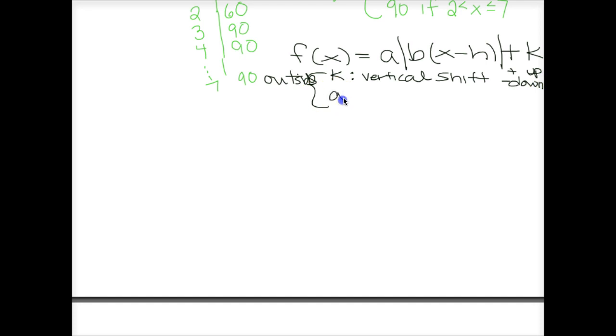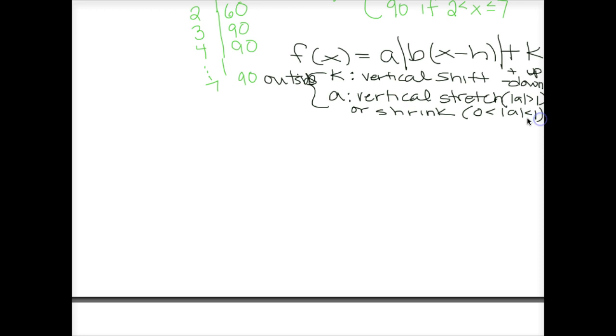A is also outside the absolute value bars. That controls your vertical stretch and shrink. Remember that it's a stretch if the absolute value of A is bigger than 1, or shrink if the absolute value of A is between 0 and 1.